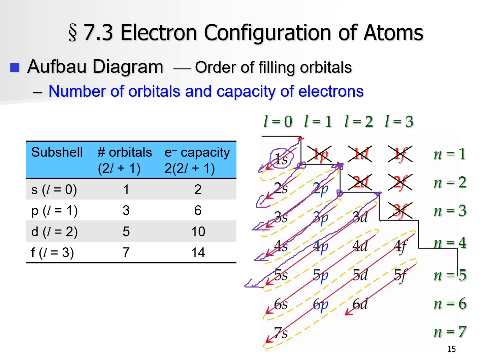Move to the next corner. That would be 4d, 5p, 6s. And from this corner, 4f, 5d, 6p, 7s. And if there are still more electrons to fill, we go to the last corner that we have here.